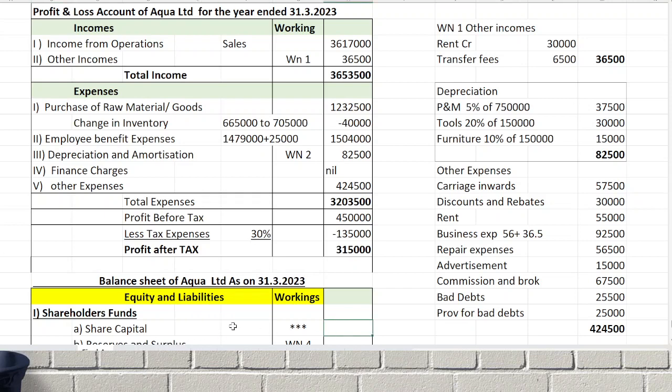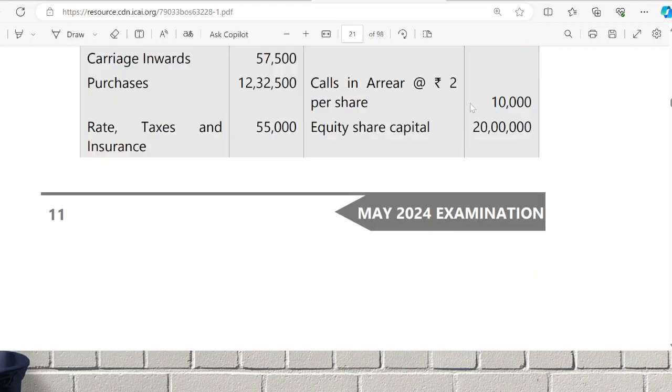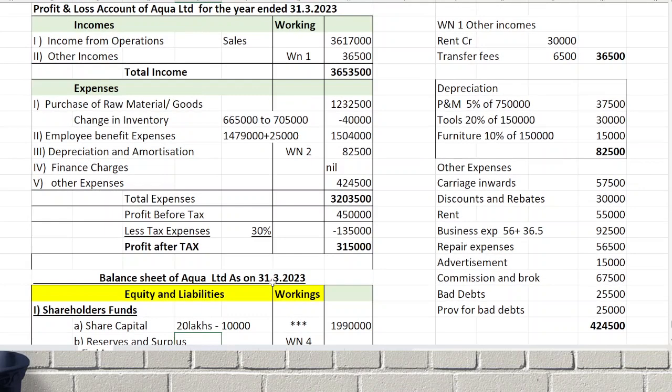Share capital minus calls in arrears, $20 lakhs minus 10,000. Try to do the other working notes also. Then complete the balance sheet.